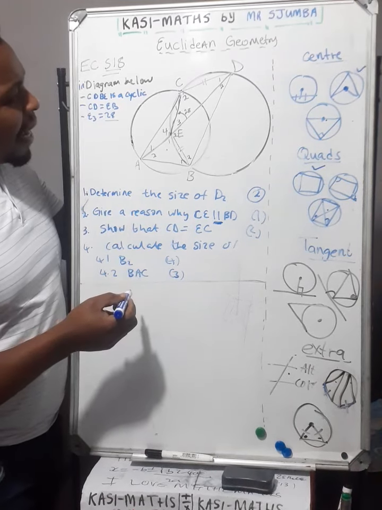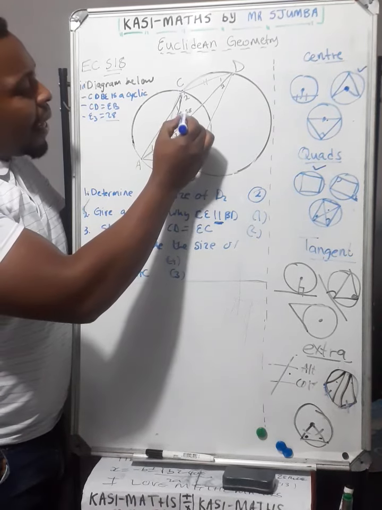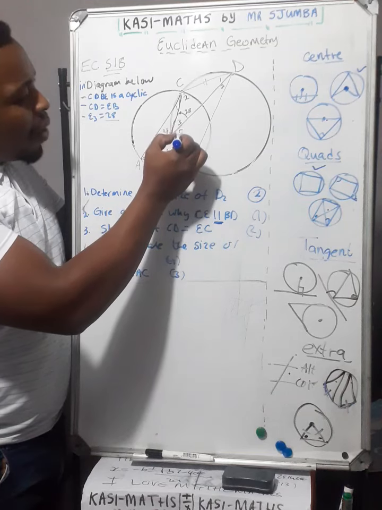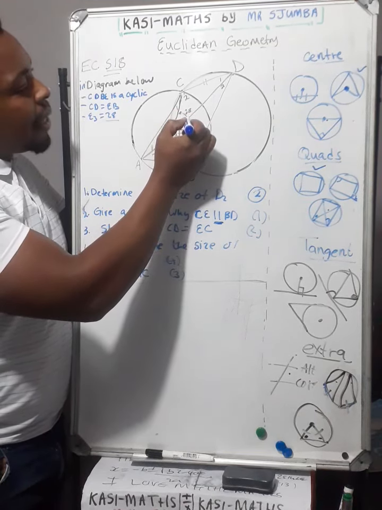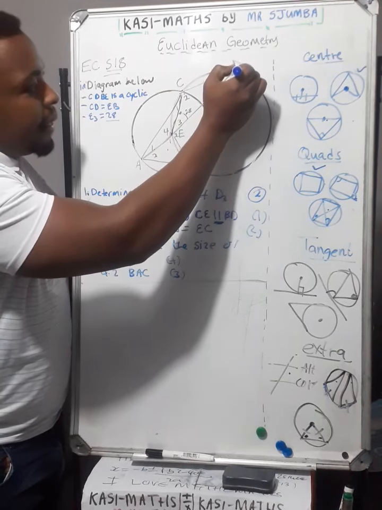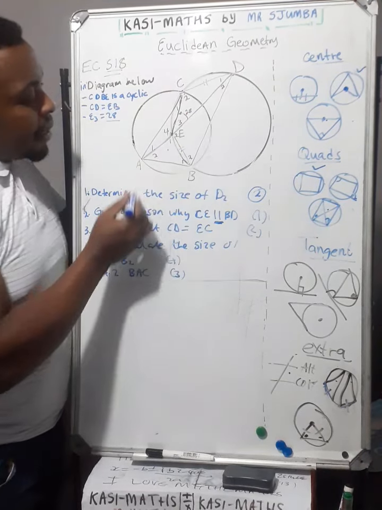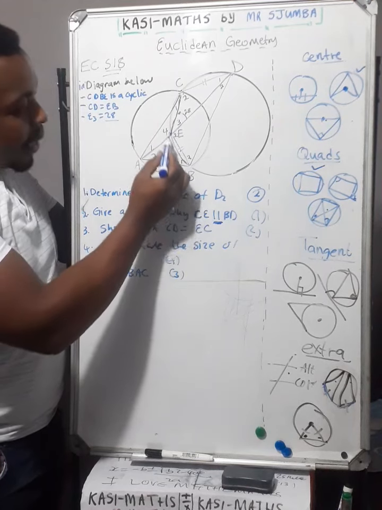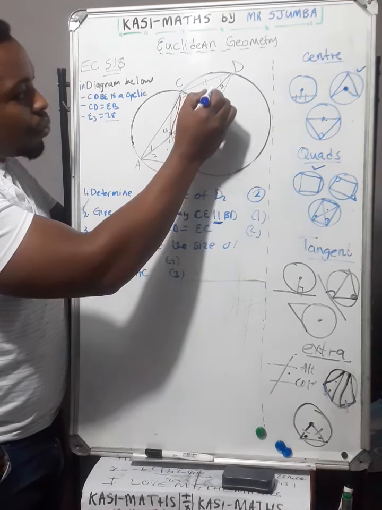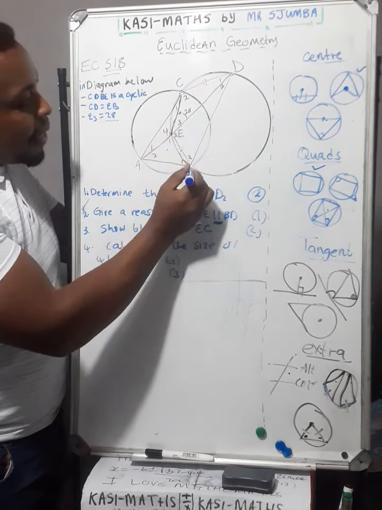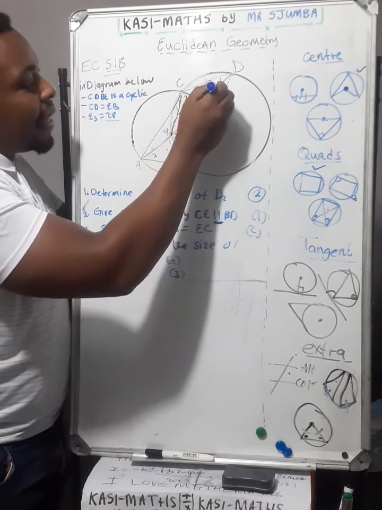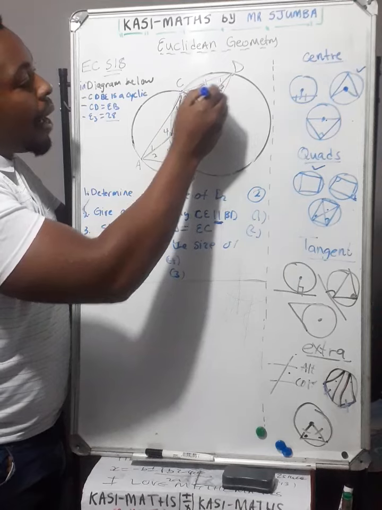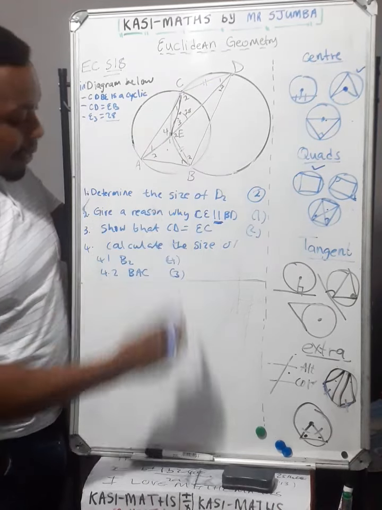So if you check, the 28 is at E3. What do we know here? E3 is opposite CD, and CD is equal to EB, and EB is opposite D2.